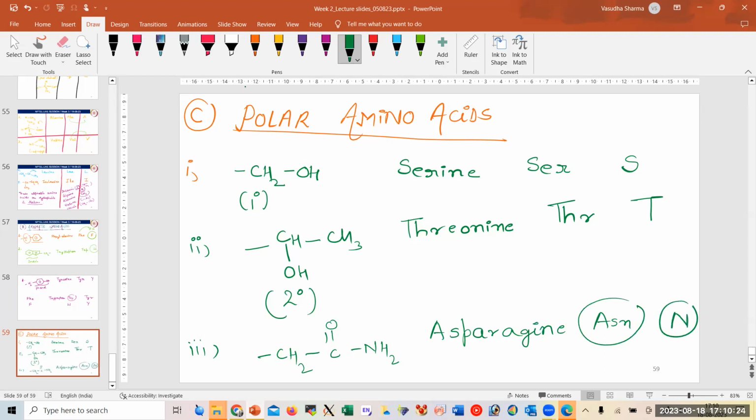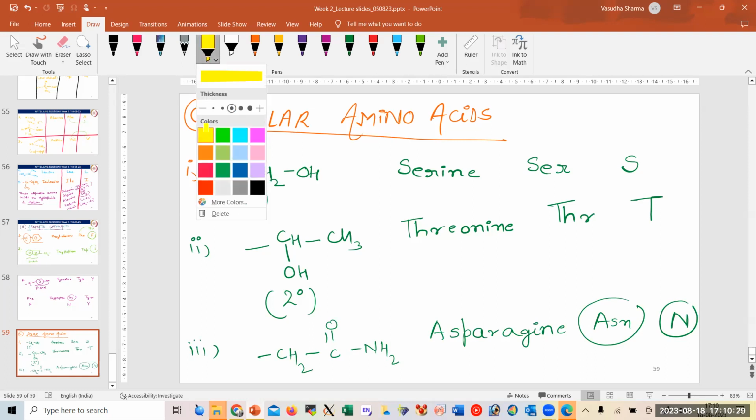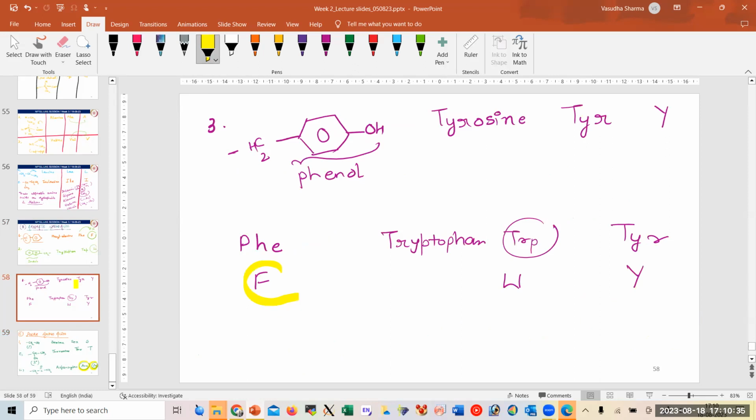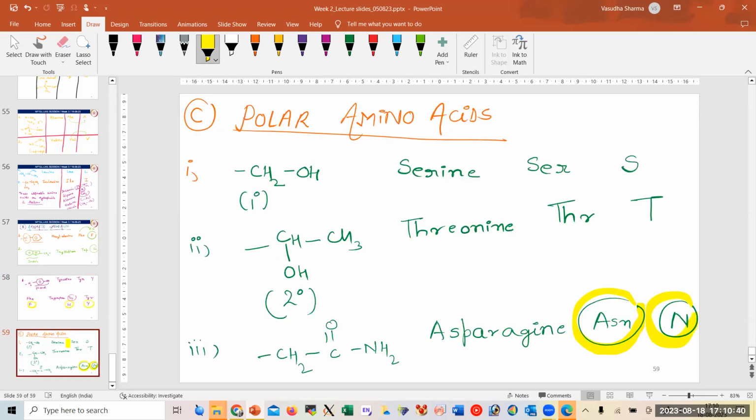So whatever I'm highlighting here, these things are important. If a primary alcohol is there on CH2, serine. If a secondary alcohol is there, threonine. And if an amide group is connected to CH2, that is asparagine. One more is there.